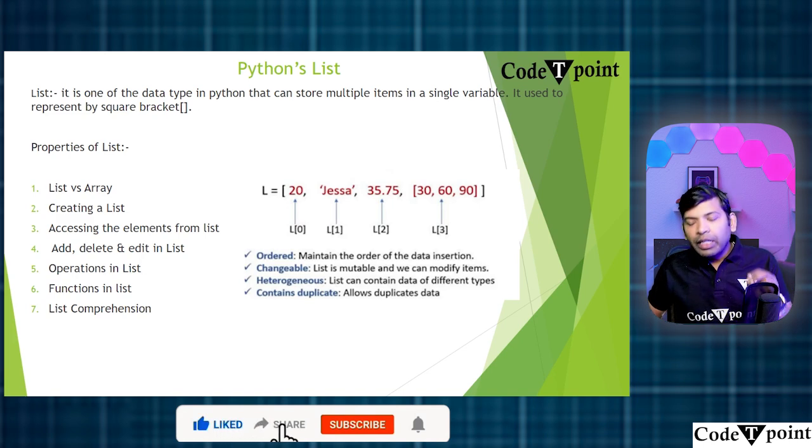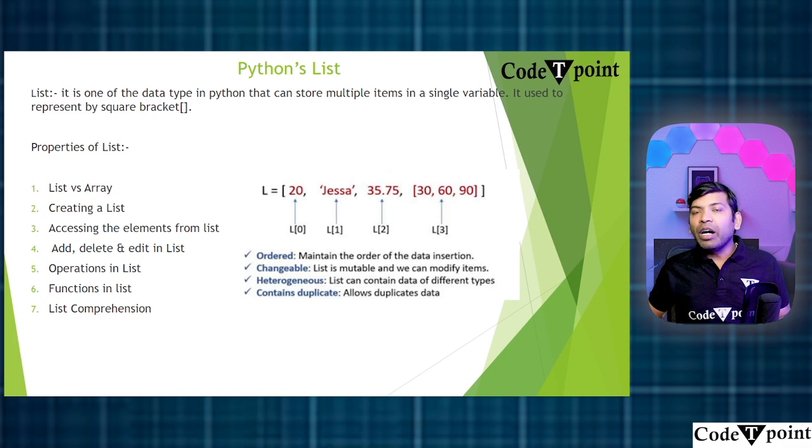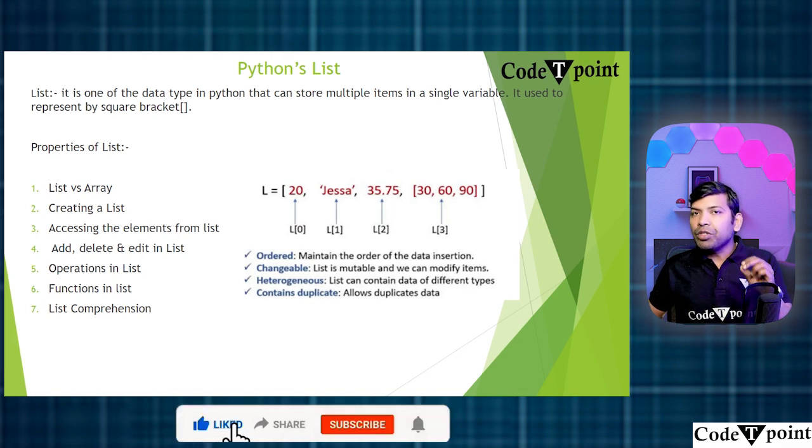The elements inside it are ordered or sequential, so we can apply indexing on the list, and it can contain duplicates. These are very important features, or properties, of list.